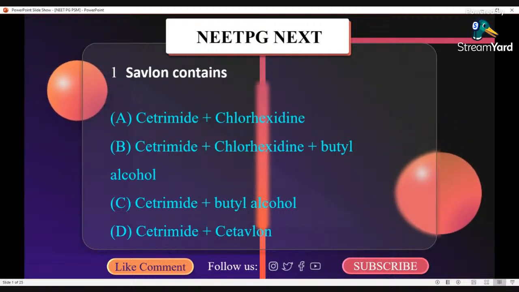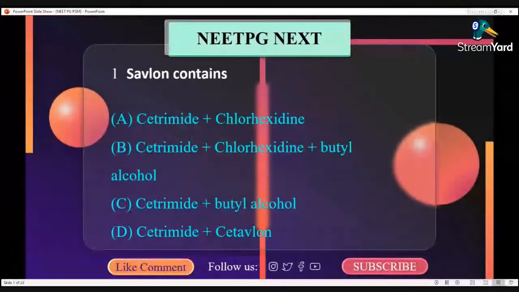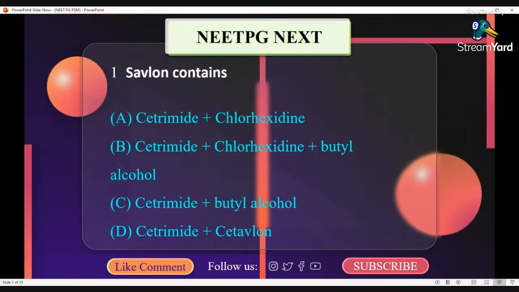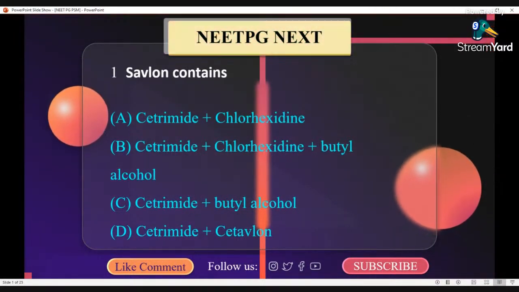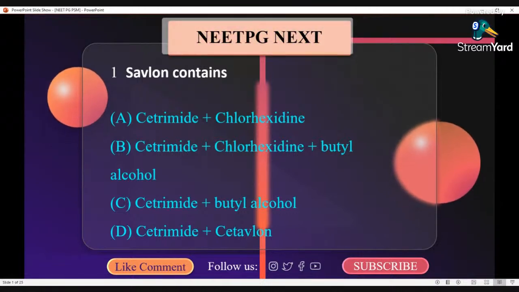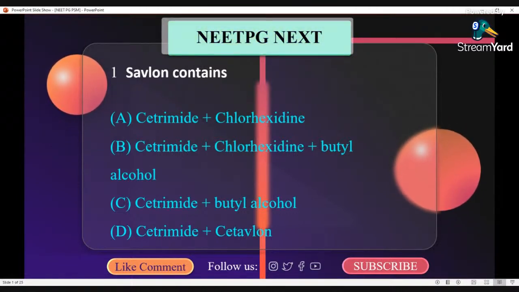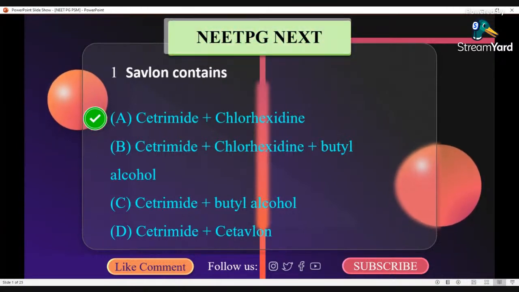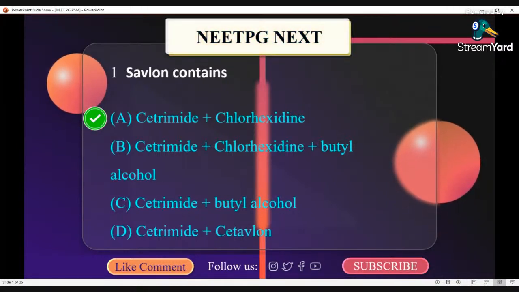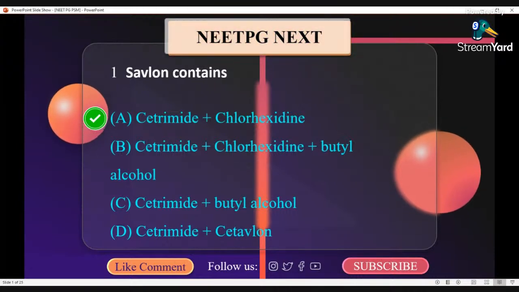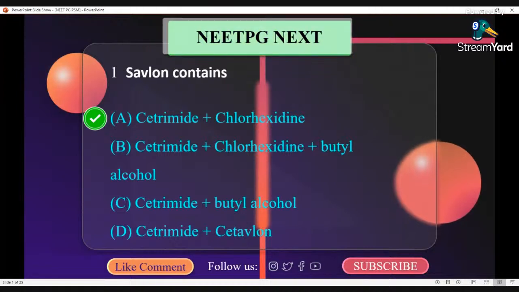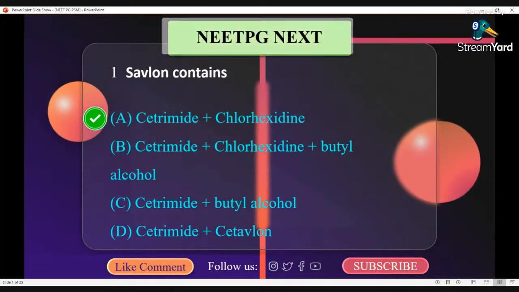So what do you think the correct answer here is? It is cetrimide plus chlorhexidine. So Savlon contains chlorhexidine gluconate, that is Hibitane, plus cetrimide in various percentages.